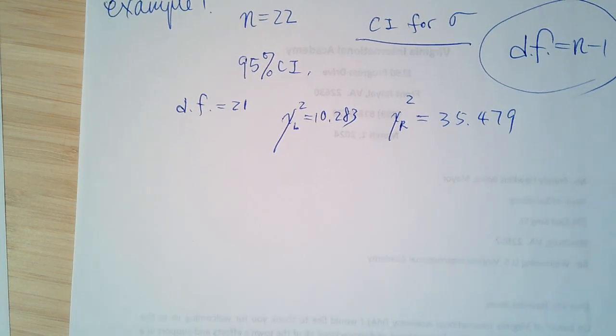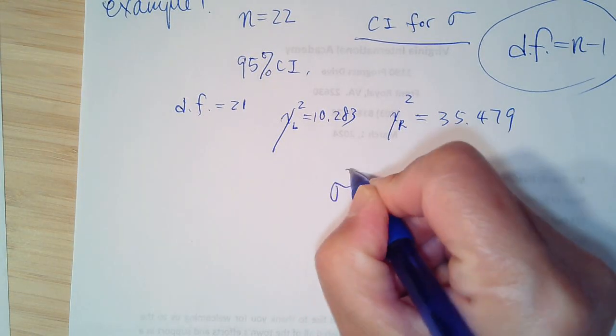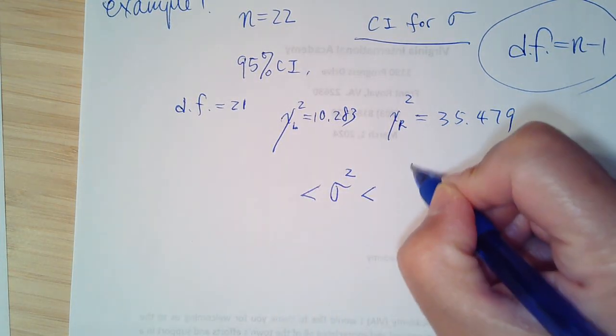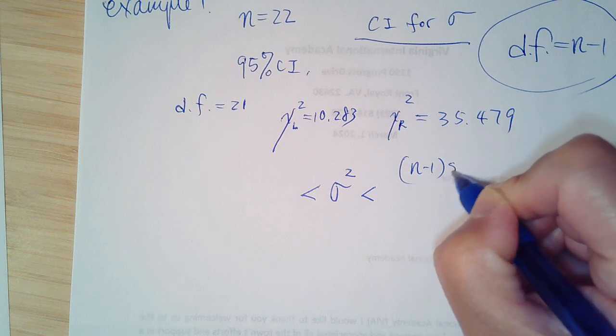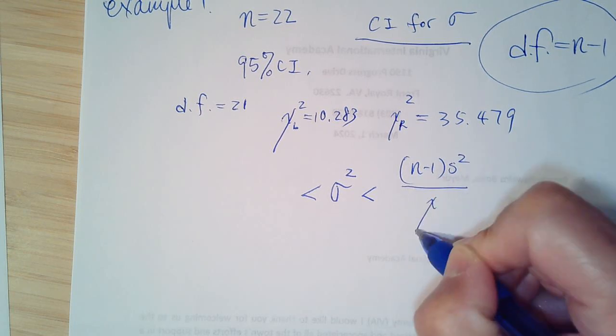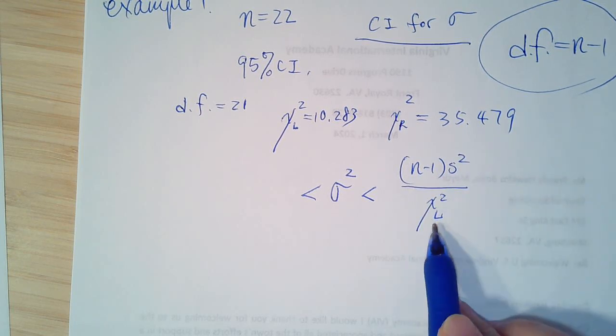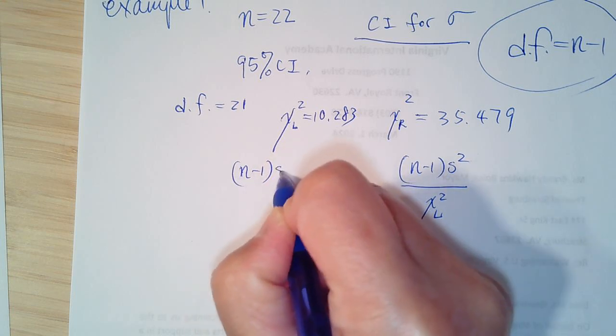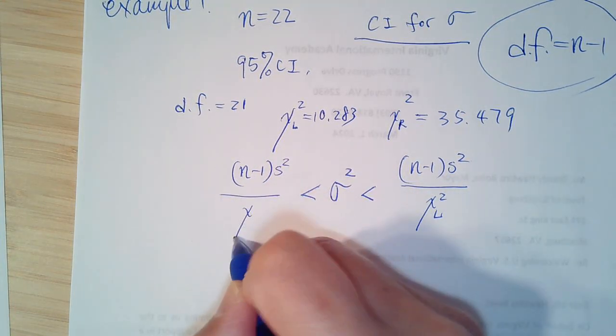All right. So we get the critical values now, and I will give you the formula for the confidence interval. For sigma, the interval is between n minus 1 times sample variance over chi-square left, because the left number is always smaller, so you divide by the smaller number and this value is greater, and n minus 1 times s squared over chi-square right.